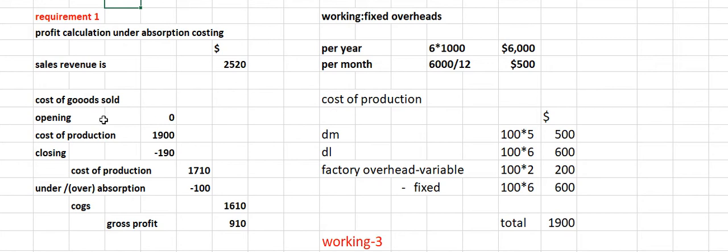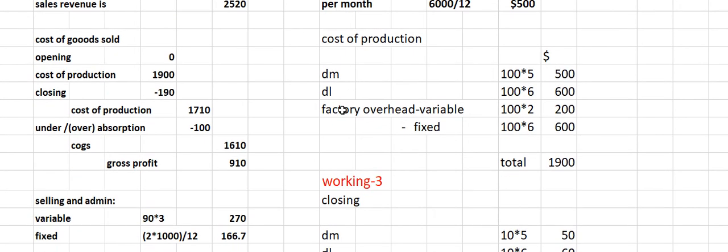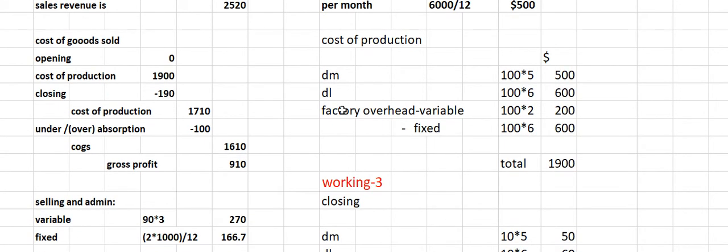There was no opening inventory held, and the cost of production is 1900. So here is the working of cost of production. Direct materials are $5 per unit and they produced 100 units, so total $500. Direct labor is $6 per unit and total production is 100 units, so total 600.